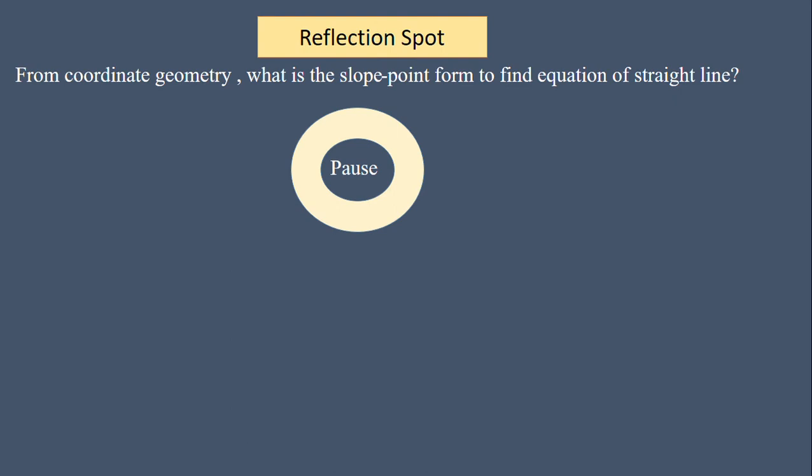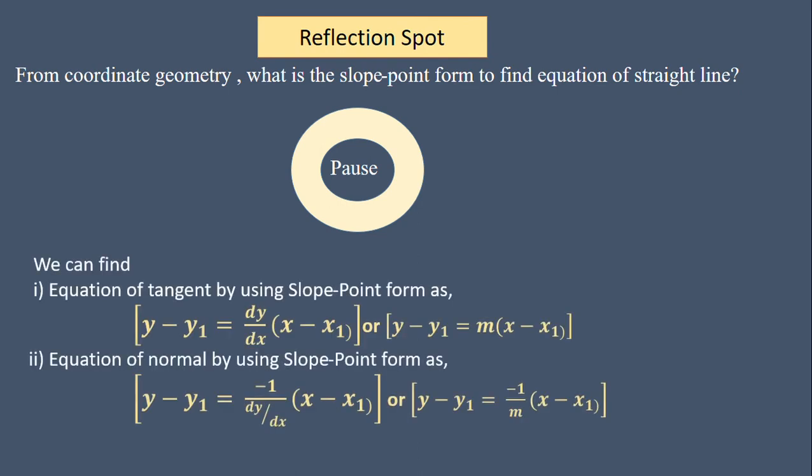The slope point form from coordinate geometry to find the equation of a straight line. Let's see what that slope point form is. We can find the equation of the tangent by using the slope point form. Only one form from the coordinate geometry topic is needed to find the equation of the tangent.